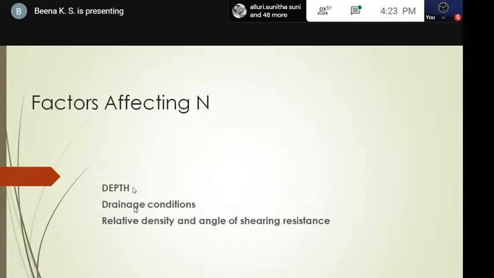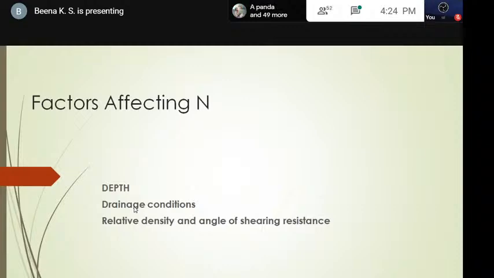Then another factor we mentioned is drainage condition. That is, if the rate of loading of soil is more than the rate at which the excess pore pressure dissipates, that means undrained condition. When the load is applied in undrained condition, the strength is governed by the effective stress, which exists only for a fraction of a second.